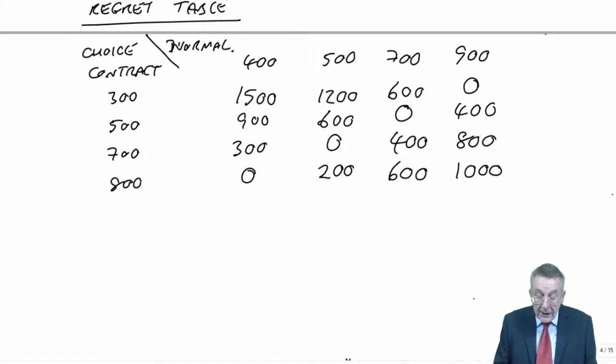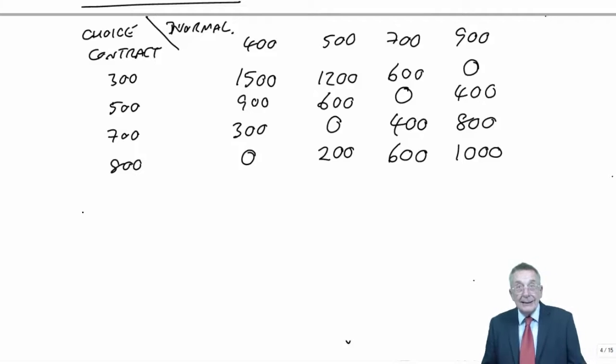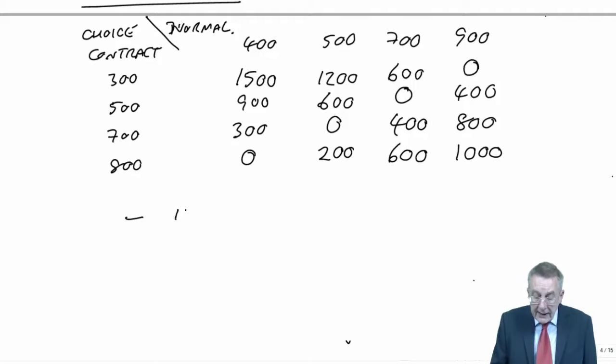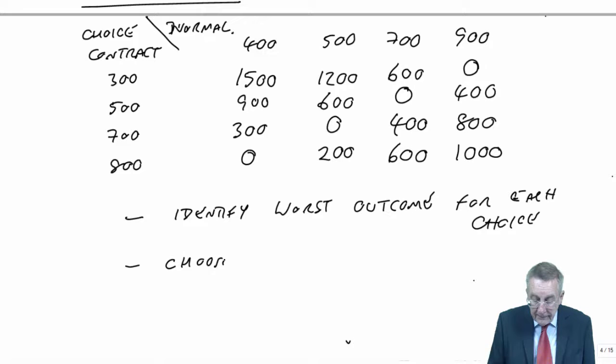And what we do, and the reason it's called Minimax Regret, we are a risk seeker, and so just like Maximin earlier, we identify the worst outcome in each case, and we choose the best of the worst outcomes.